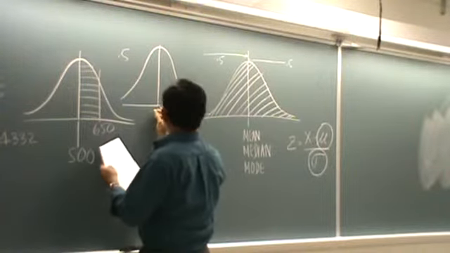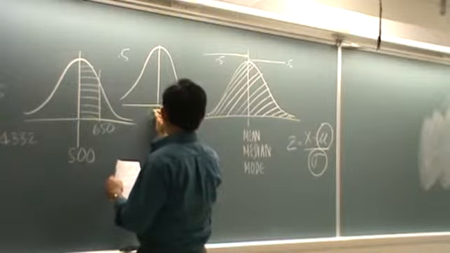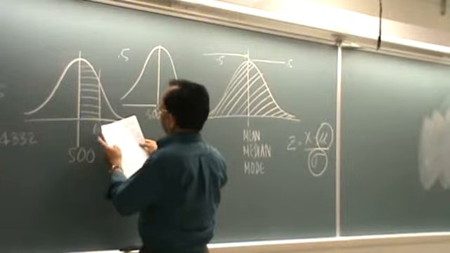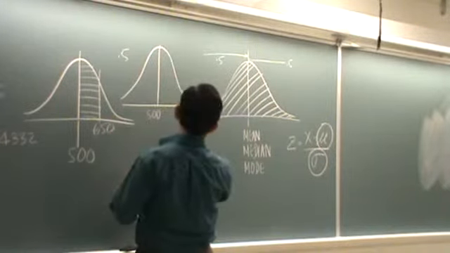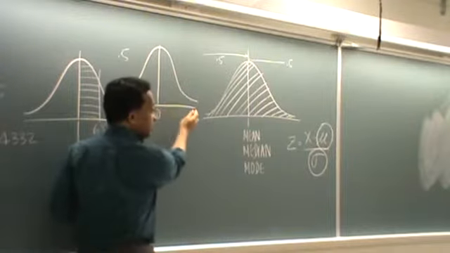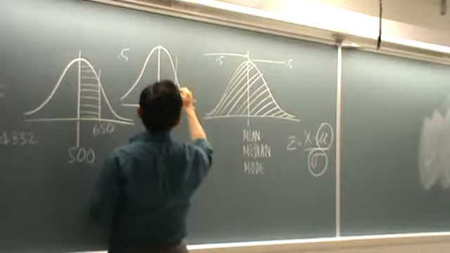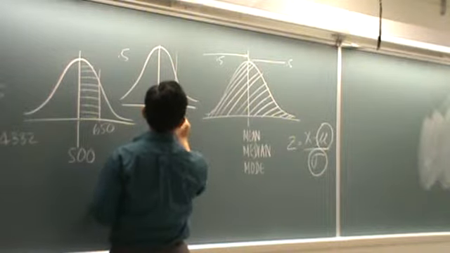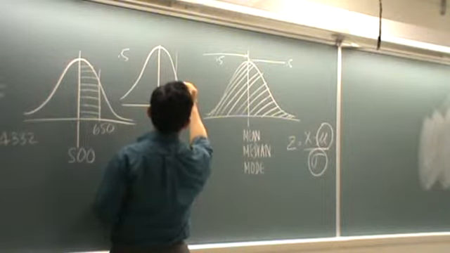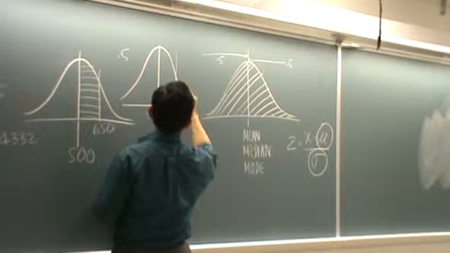So for the second question, we still have the same mean, which is 500, and they are saying more than 700 hours. So we are looking at the right side of this curve. 700 will be, let's say, somewhere here. More than 700 is this area.